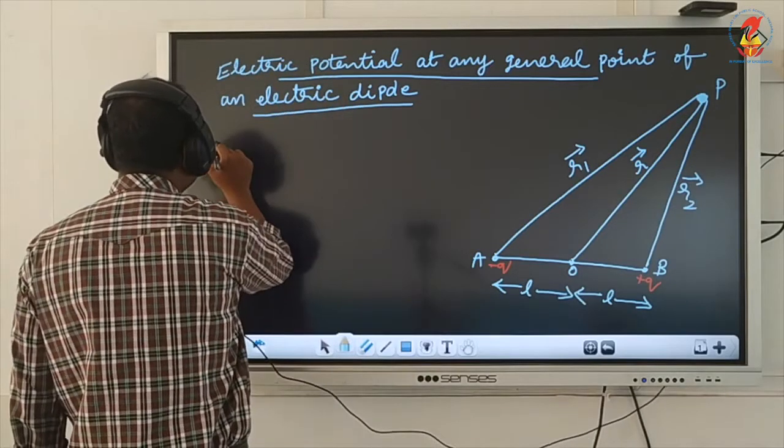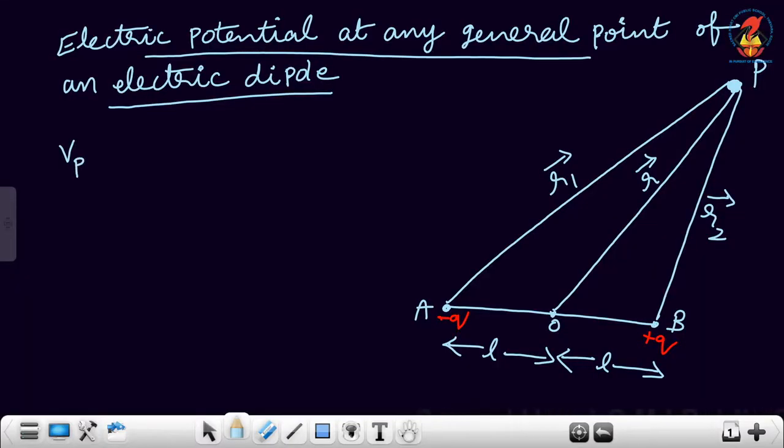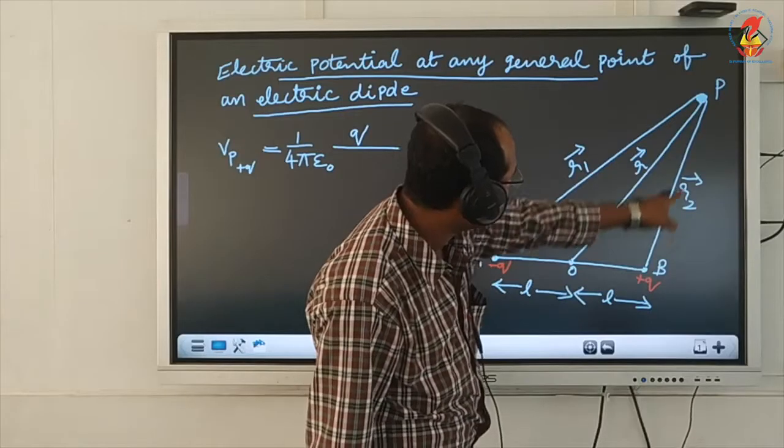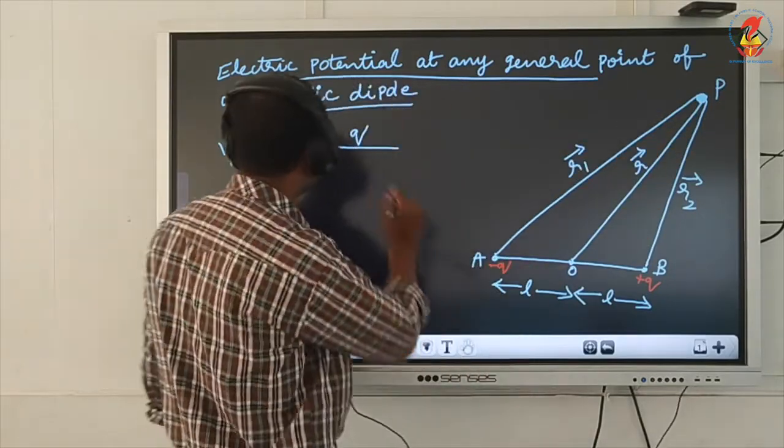Now, first we find the potential at P due to positive Q. Potential at P due to positive Q is 1 by 4 pi epsilon 0 Q by this distance, that means distance BP, which is R2.